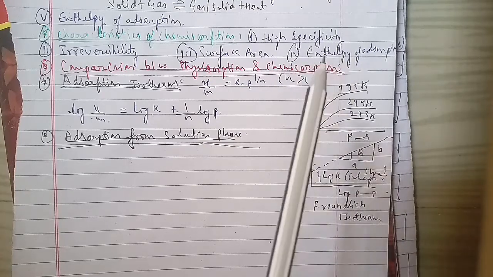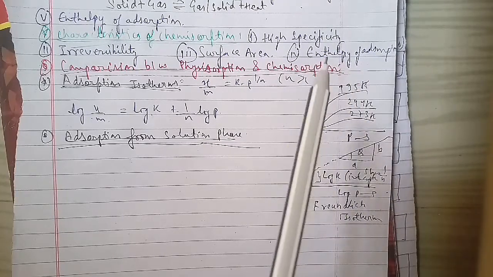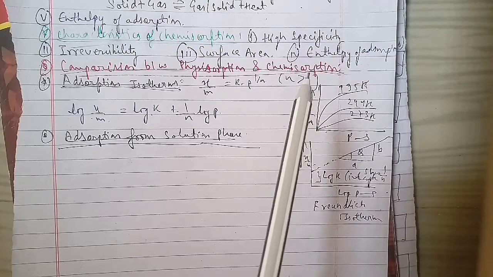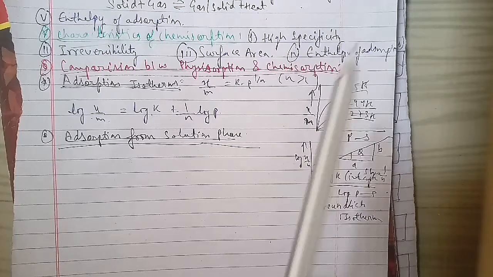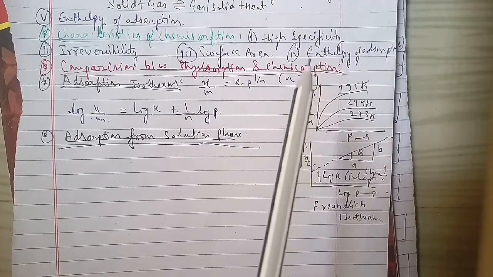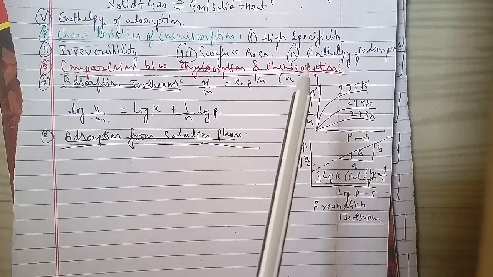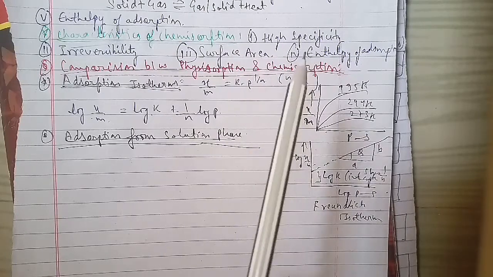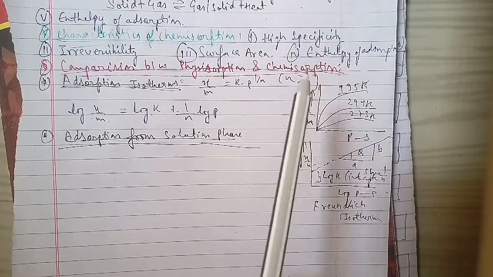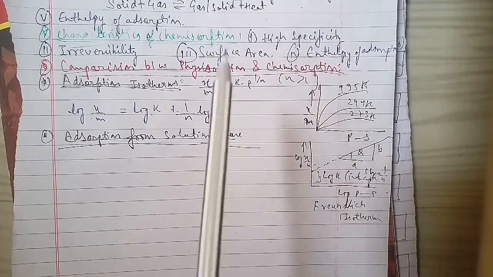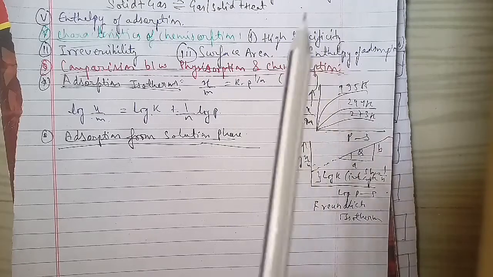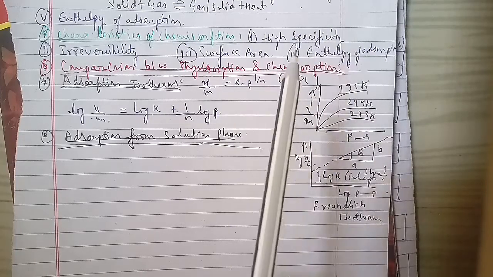The equation, as I told you, is x/m = kC^(1/n), where C is the equilibrium concentration. Taking the logarithm of both sides of the above equation, we have log(x/m) = log k + (1/n) log C.